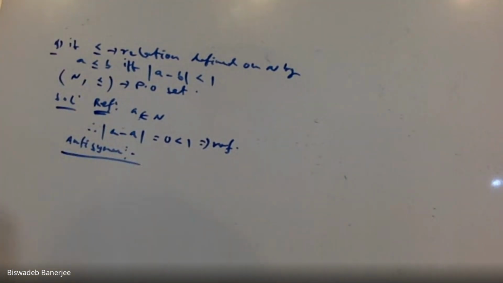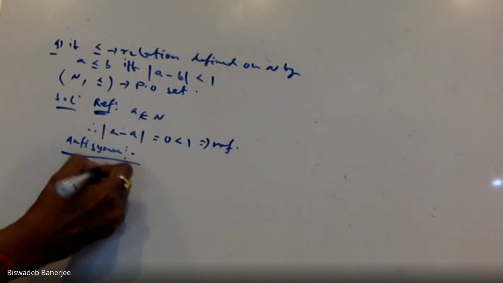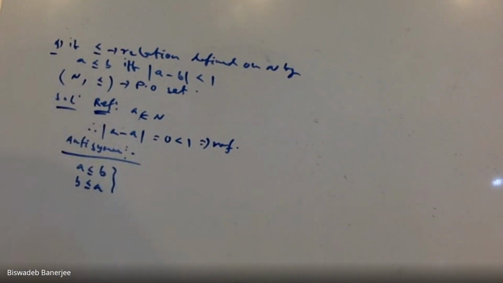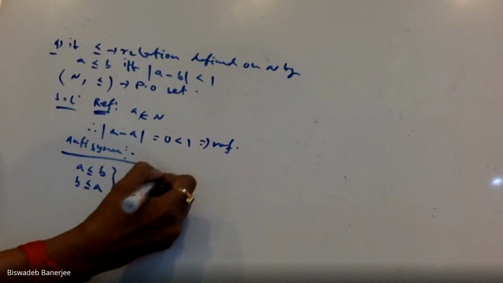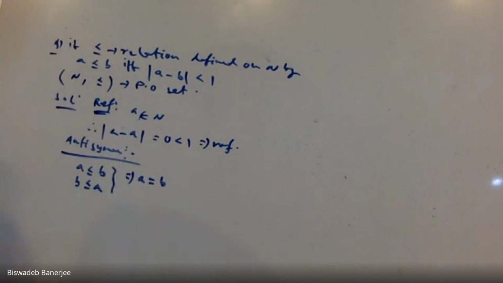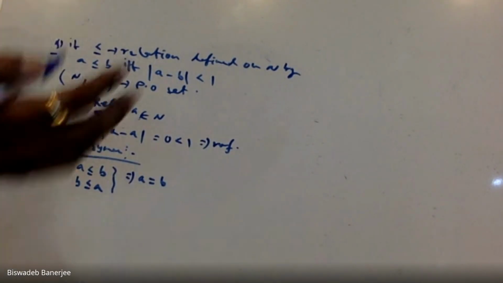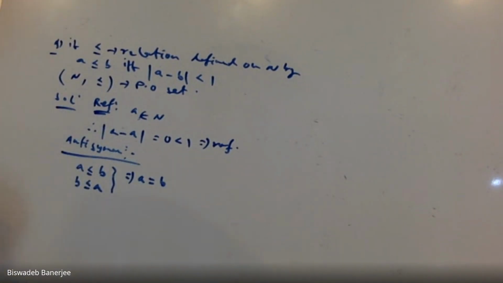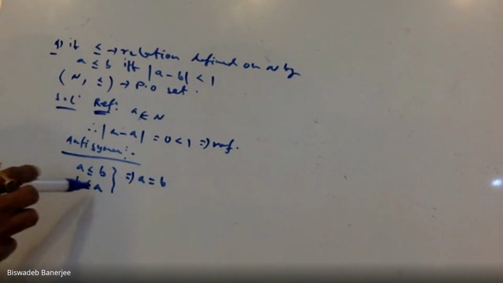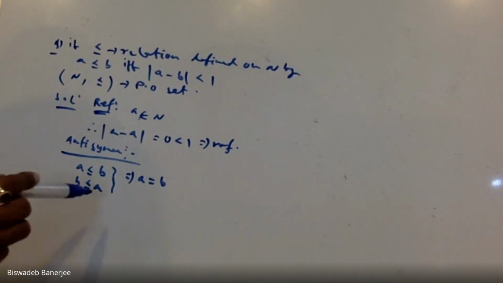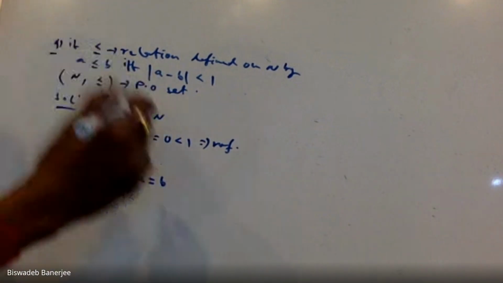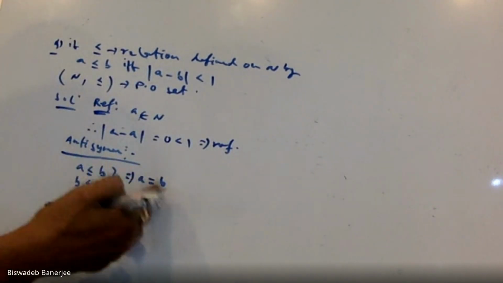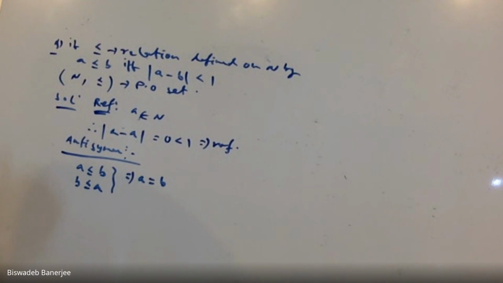For the anti-symmetric property, see that if A less than equal to B and B less than equal to A, if we assume these two, obviously A is equal to B. Because for antisymmetric, A must be related with B and B must be related with A. In that case, if A is equal to B, their difference is less than 1.